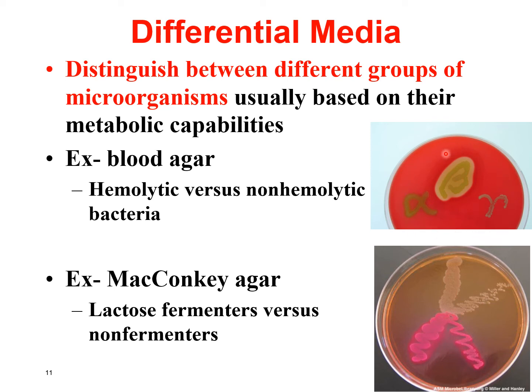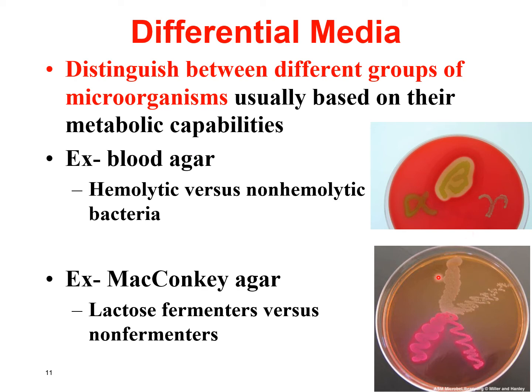And remember we talked about streptococcus and the different hemolytic groups. So the blood agar is actually differential media. So it lets the streptococcus bacteria grow, but it's going to differentiate between the different types of streptococcus bacteria. So remember we talked about the alpha hemolytic, beta hemolytic, and then the non-hemolytic strep.